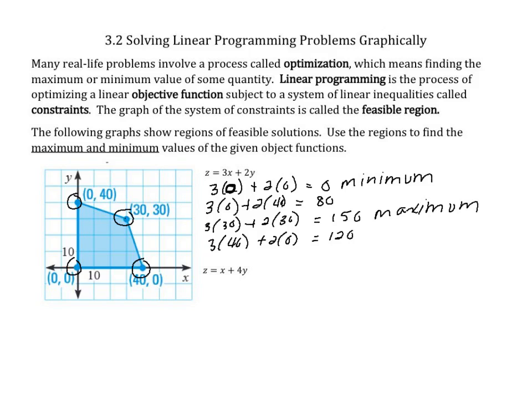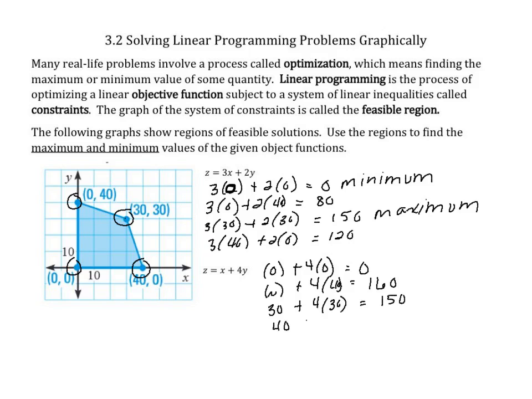Okay, let's try with the objective function z equals x plus 4y. So we're going to do the same thing. Let's replace x with 0 and y with 0, and we will get 0. Let's do 0 plus 4 times 40 would give us 160. Let's do 30 plus 4 times 30, so 150.